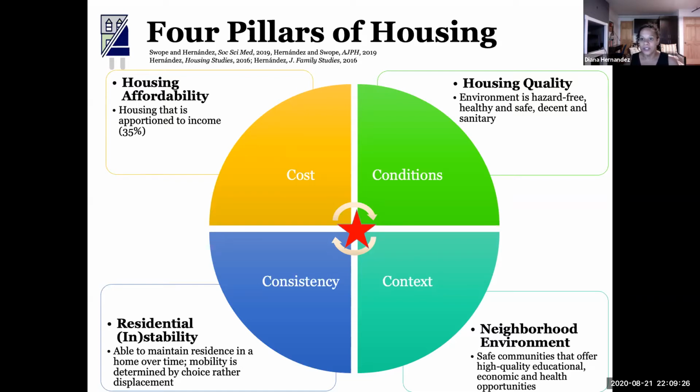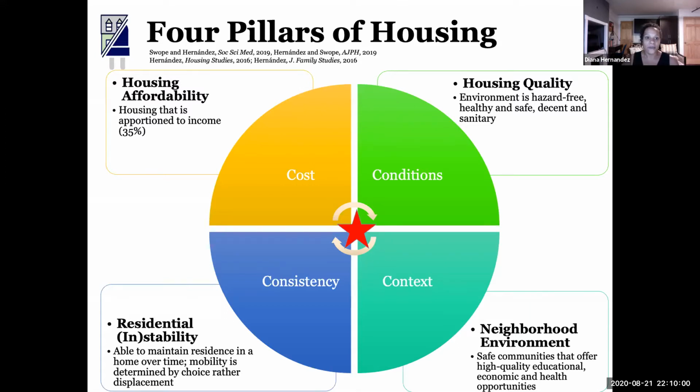The broad literature on neighborhood effects, for instance, which sits within the context bucket, has really explored how issues of concentrated poverty, safety, walkability, all of these factors have impacted health outcomes like obesity, for instance, asthma rates based on air pollution, et cetera. But that's just one area. That's the context in which housing is situated.